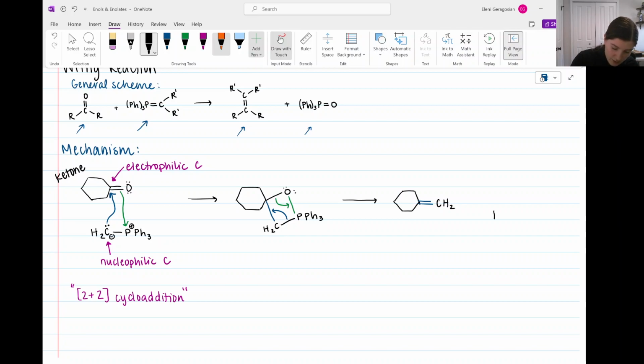And then to the triphenylphosphine, we have a phosphorus to oxygen double bond. That's our triphenylphosphine oxide product. So here is the alkene, or in other words, the olefin. Here's the triphenylphosphine oxide.